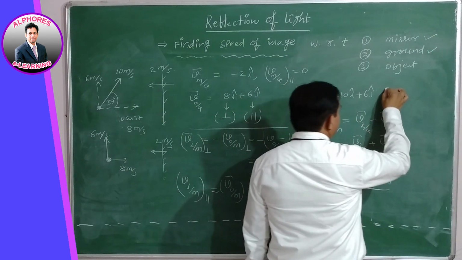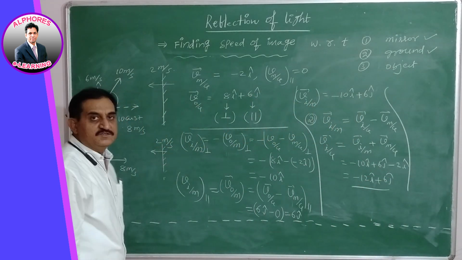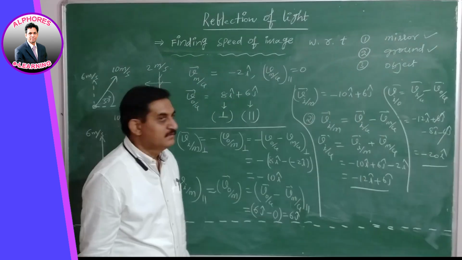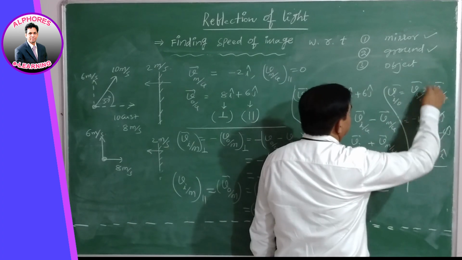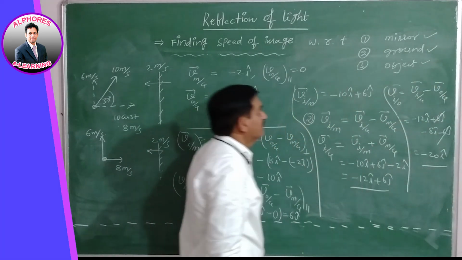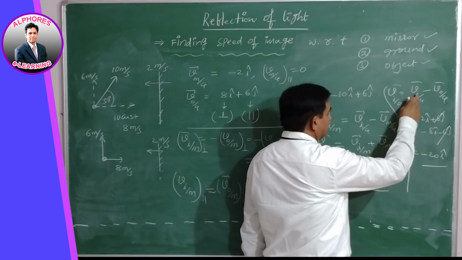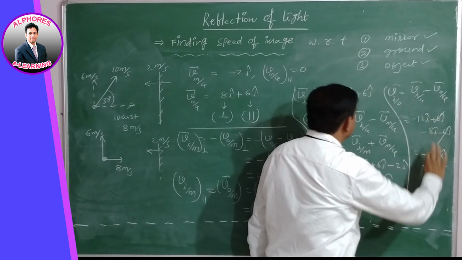And the third one remains, that is speed of image with respect to object. So we are going to solve the third question. Speed of image with respect to object equals speed of image with ground minus speed of object with ground.